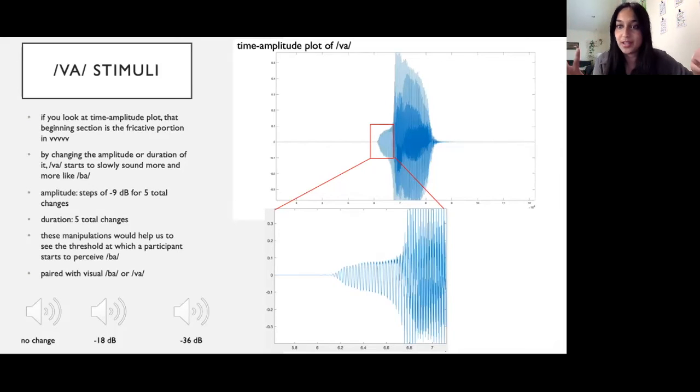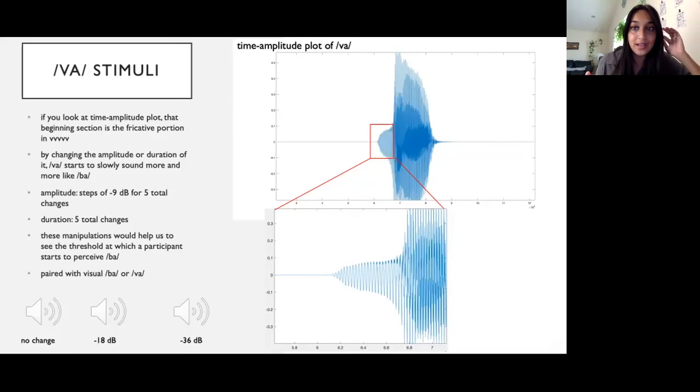That's 10 stimuli. These manipulations help us see the threshold at which a participant starts to perceive ba. And then these were paired with visual ba or visual va. So that's 10 stimuli times 2 types of videos for 20 different stimuli.